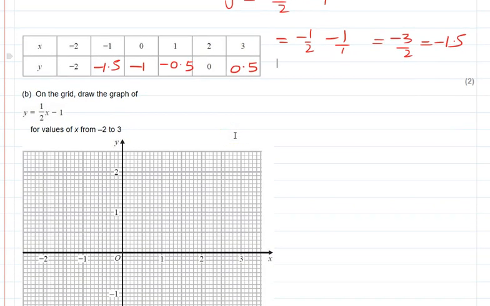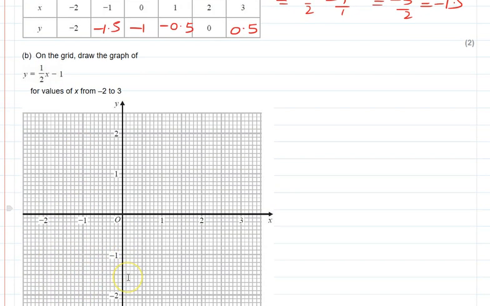So first value is minus 2 and minus 2, so minus 2 and minus 2 will be here. Then minus 1 and minus 1.5. Then 0 and minus 1.